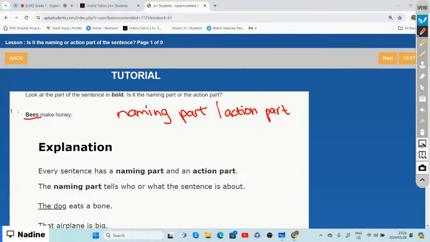So the word bees, is bees a naming part or an action part? Does bees tell us who or what the sentence is about? Or does the word bees tell us what the naming part does or what the naming part is like?